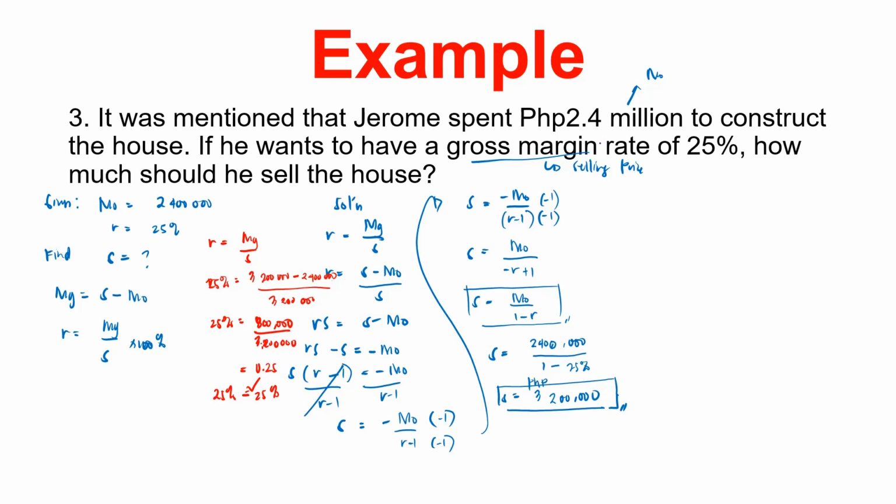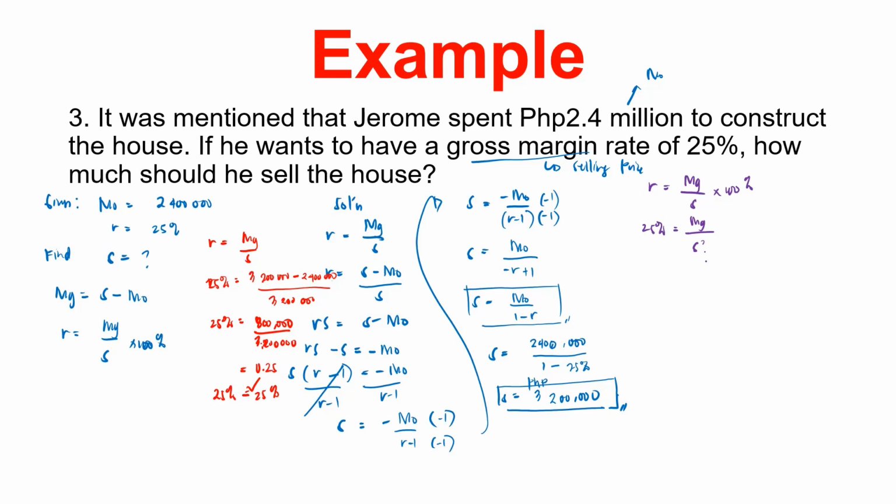Another way around, I will just show you how you're going to solve the other way around, kagaya ng ginawa natin sa markup and markdown. Okay, since our rate is equal to gross margin over selling price times 100%, our rate is 25%. We don't know what is the gross margin, and si selling price nawawala din.